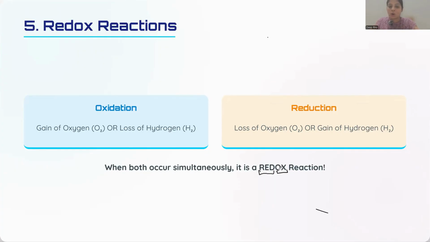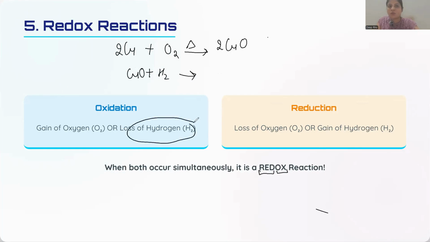Like copper, if we add oxygen and heat it, it is going to form copper oxide. This is clearly oxidation, just addition of oxygen. Loss of hydrogen is oxidation, addition of hydrogen is reduction.